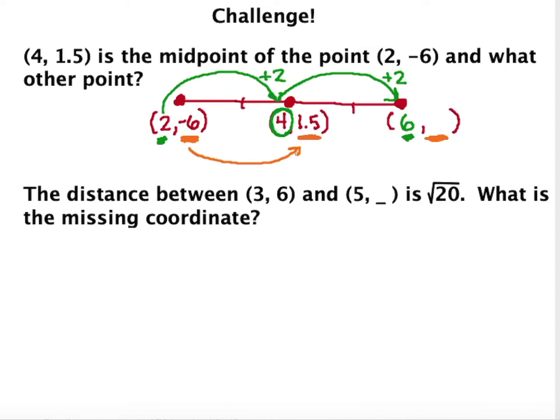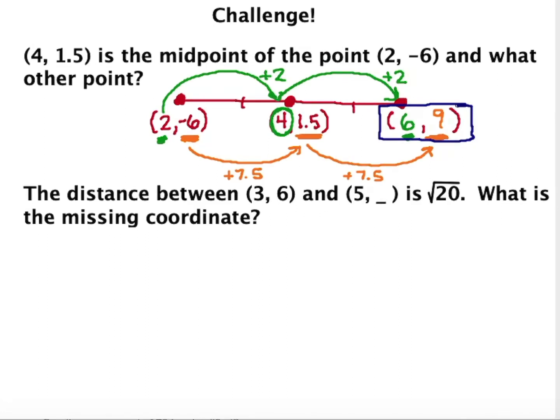So that's 6 plus another 1.5. I'm getting you'd have to add 7.5. And since we know that's exactly in the middle, we can use that exact same number again. Only this time we're taking 1.5 plus 7.5, and we get 9. So there's a neat way to find the answer to this problem, just kind of thinking what's in the middle.